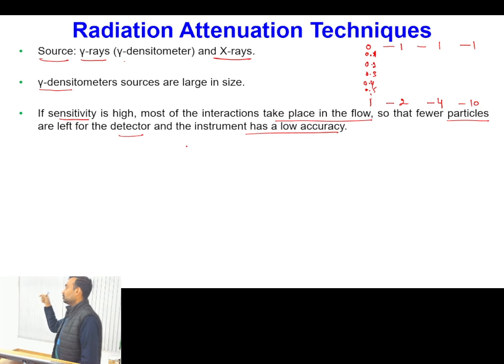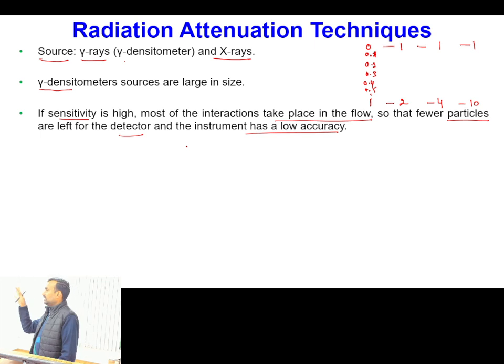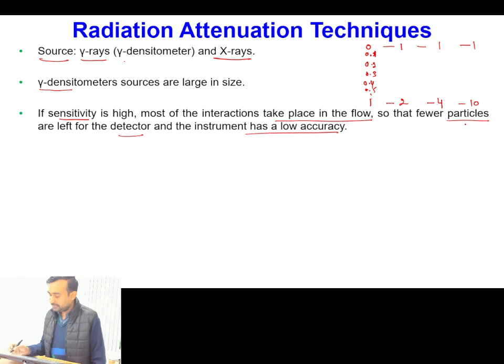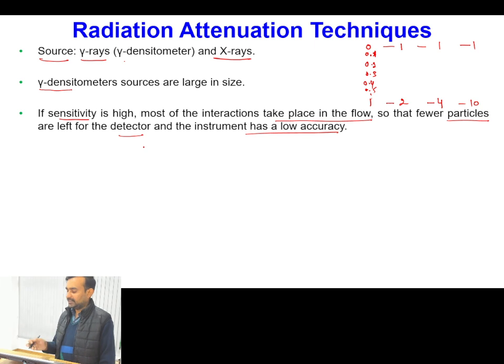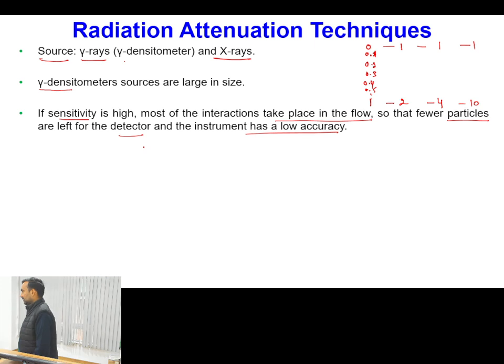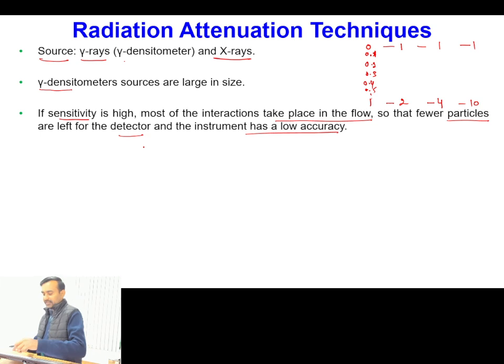It means almost all the emitted particles will get absorbed within the flow itself. Once they are absorbed within the flow, we will have very few particles left at the detector, and the detector signal will be weak. With a weak signal, making a judgment will be difficult, and we will get the signal in a very narrow range.